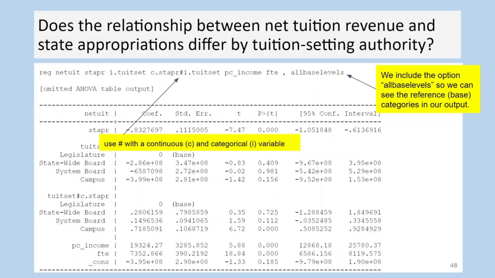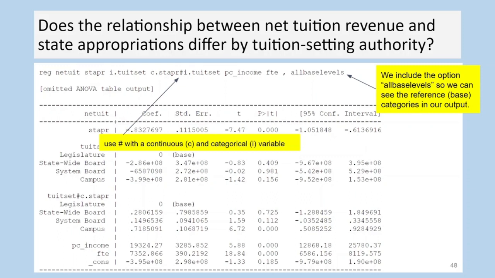Here now, we combined tuition setting authority and state appropriations. This is interesting because sometimes when you do this combination, you may have an interaction effect. Here, you have an interaction effect between state appropriations and campus. So it differs when you look at campus compared to, again, the legislature, but you're doing an interaction effect here.